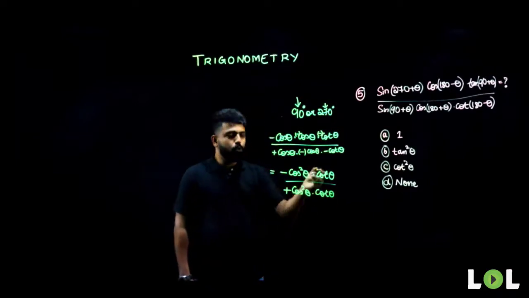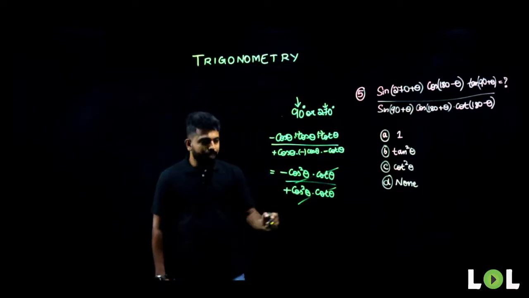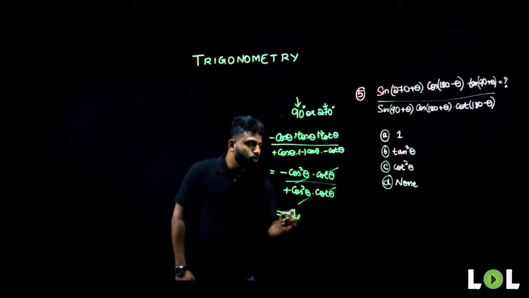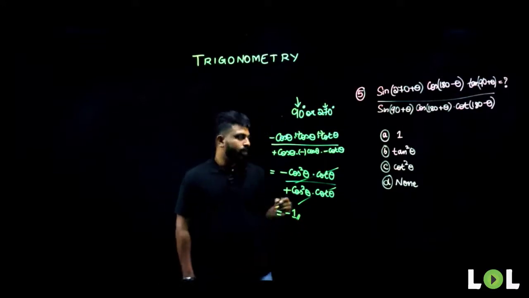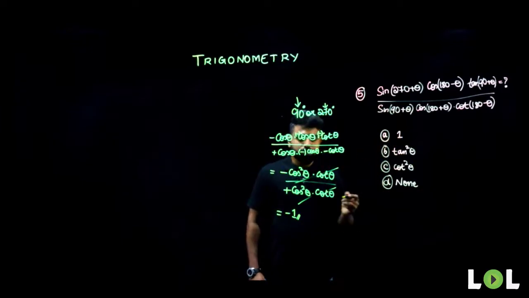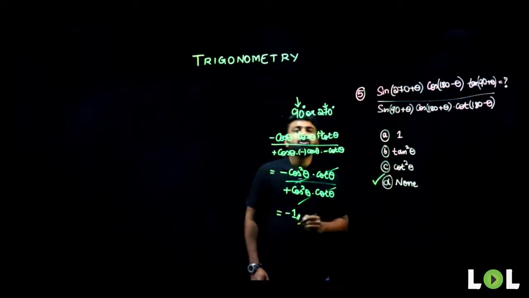So now both my numerator and denominator are the same, so they get cancelled. What will I be left with? I'll be left with minus 1. So do we have that in our options? No, we don't have. We have plus 1 here. Be very careful. We have plus 1 here. So the value we need is minus 1. So my answer will be none of the above.